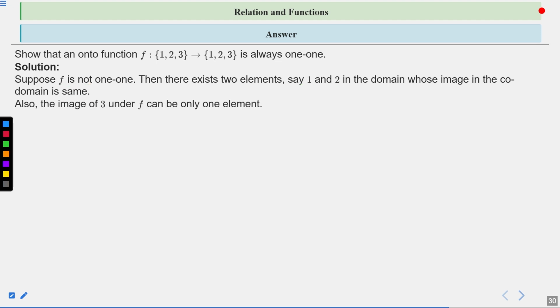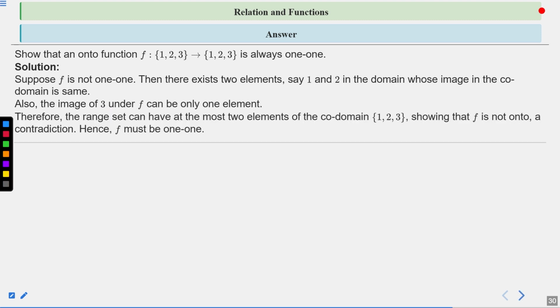So also the image of 2 under f can be only one element. Therefore, the range set can have at most two elements of the codomain {1, 2, 3}, showing that f is not onto. A contradiction, hence f must be 1-1.